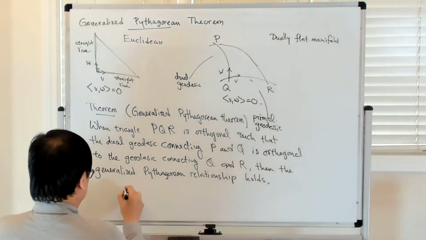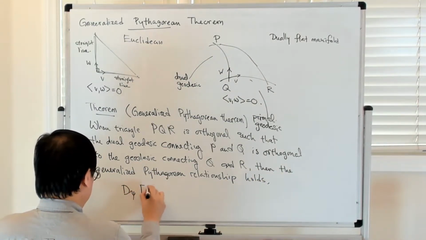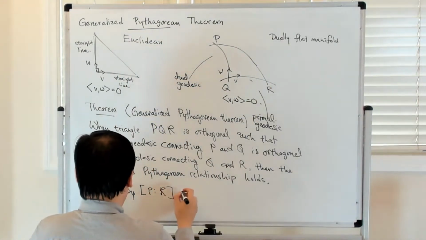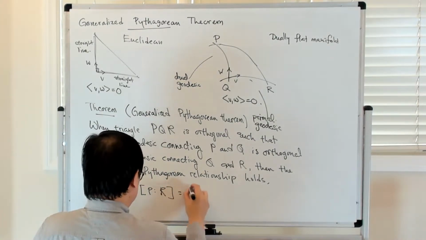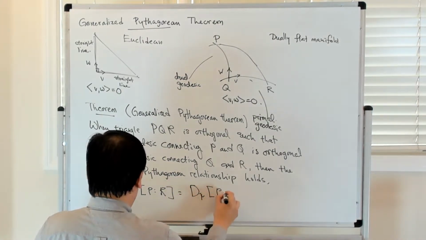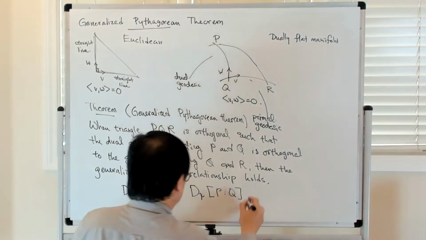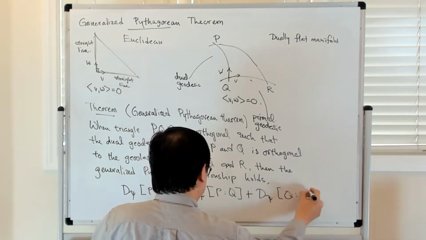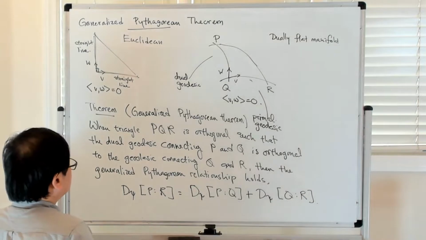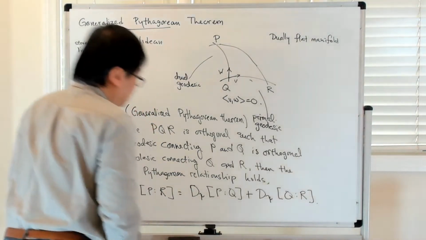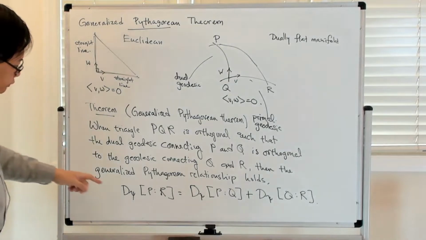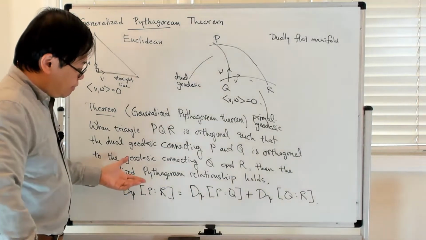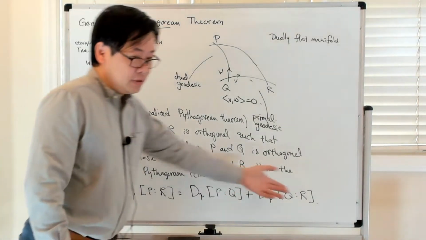Which is that the divergence between P and R is equal to the divergence between P and Q plus the divergence between Q and R. If you recall, the divergence between two points has units of square distance. So this is like saying that c squared is equal to a squared plus b squared.